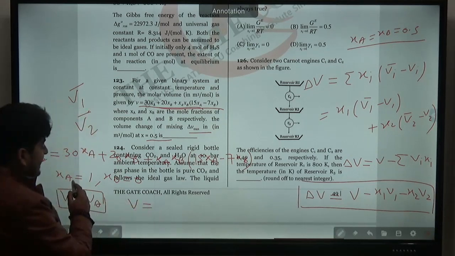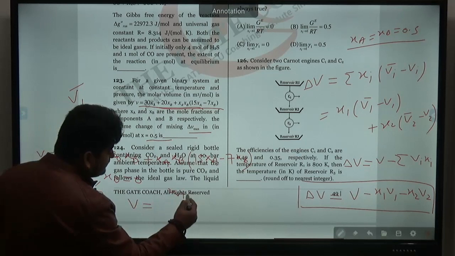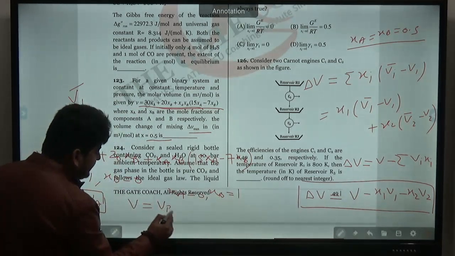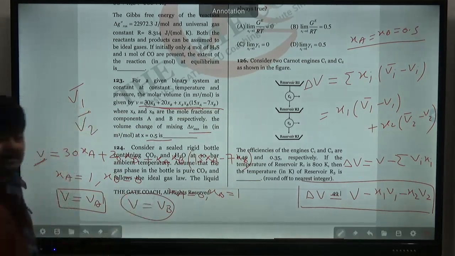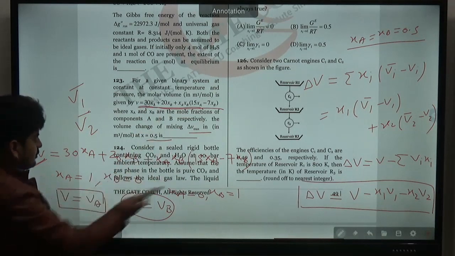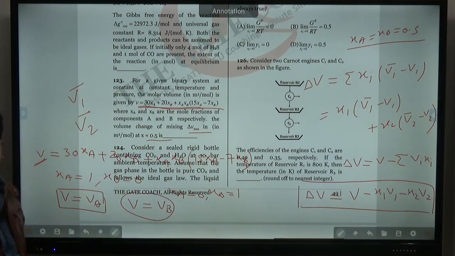Similarly, if you put XA equal to 0 and XB equal to 1, this V will be equal to VB, the molar volume of component B. It's very simple to calculate their molar volumes. So in this equation just put these values, and you will get your answer.